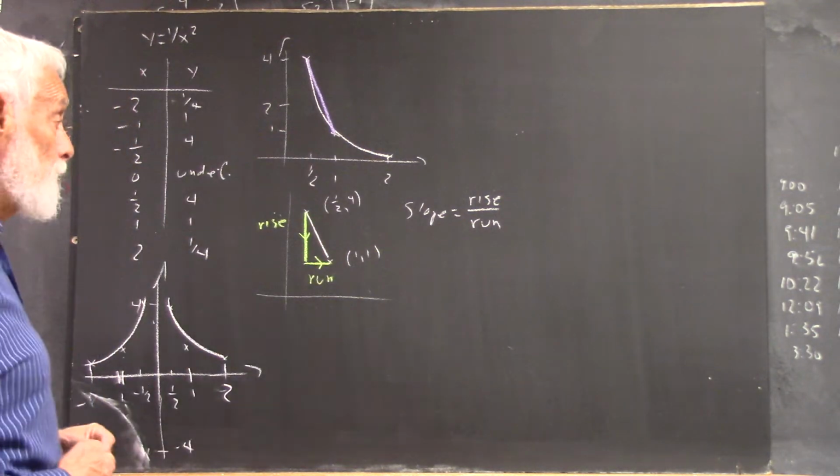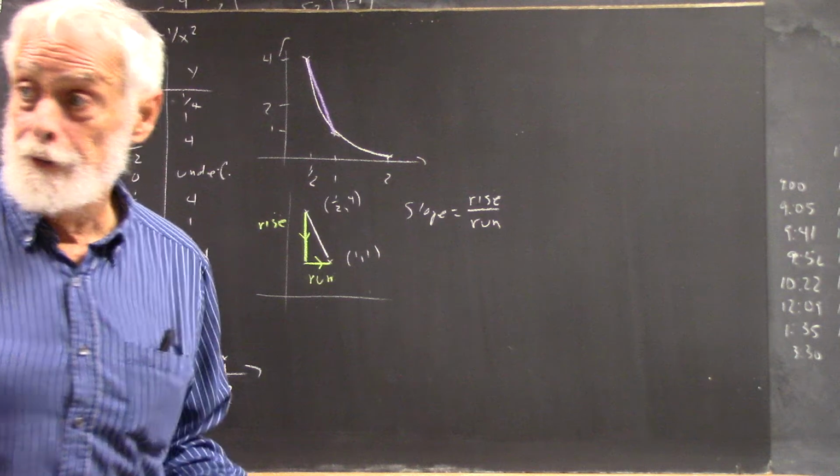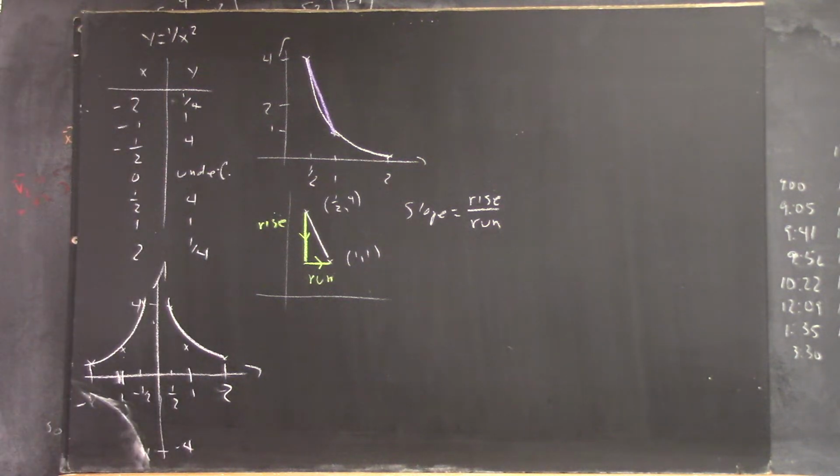So in this direction, can somebody tell me what the rise is? Well, what number does the rise start at? What number does it end at? 1 and 4. Well, it starts at 4 and ends at 1, right? Because of the directions I drew those arrows. Now, if you'd have drawn the arrows backwards, then you could say 1 and 4 in that order, okay?